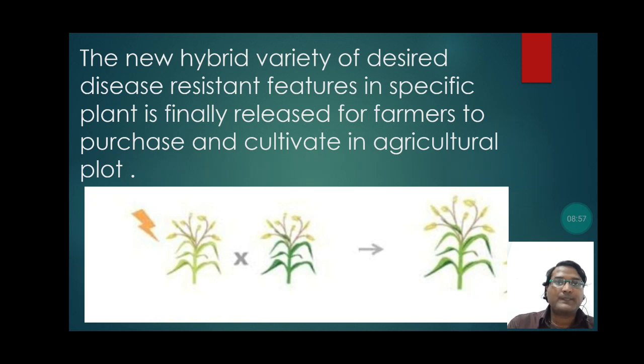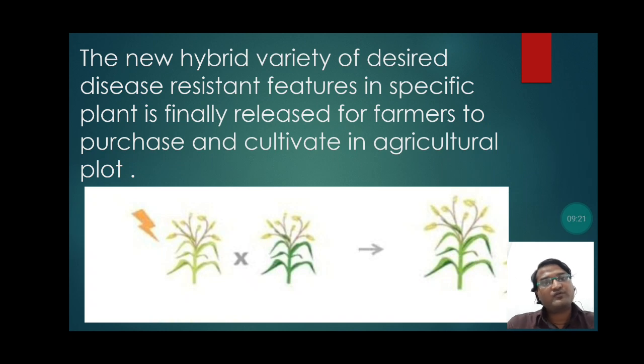Students, the new hybrid variety of desired disease resistant feature in specific plant is finally released for farmers to purchase and cultivate in agricultural plot.